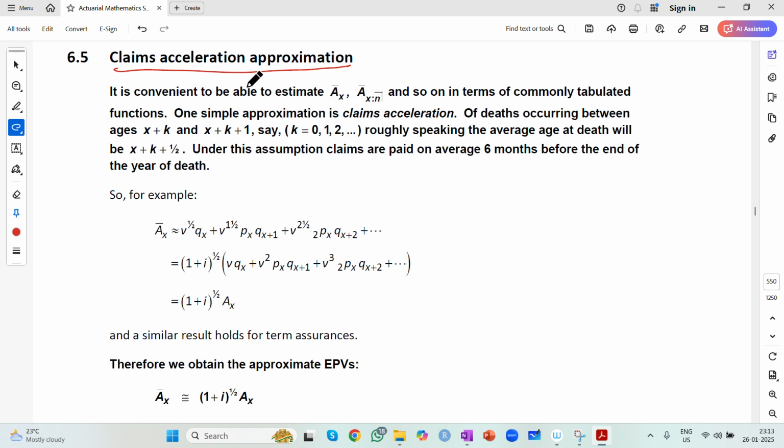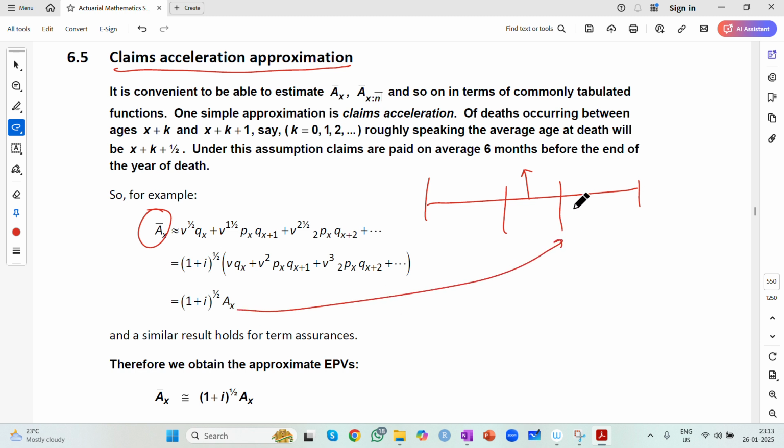So for simplicity of approximation, we assume as if the person is getting paid at the middle of the year, and in the other case, at the end of the year. And so A bar x will be approximately equal to 1 plus i raised to half into Ax.